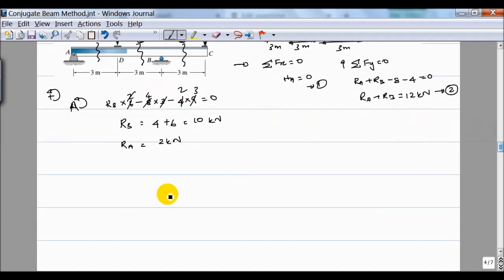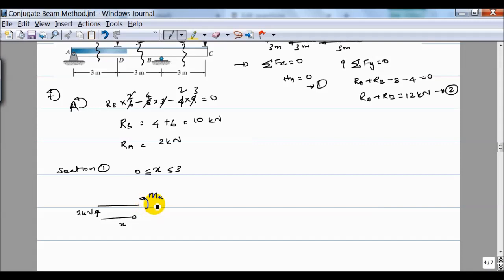So if I consider section 1, which is x greater than 0 and less than 3, that looks like something like this. RA is 2 kilonewton, and at some distance x I'm going to mark Mx.